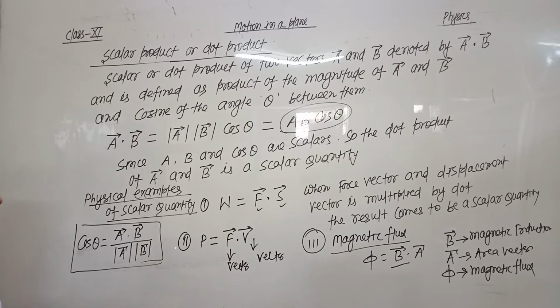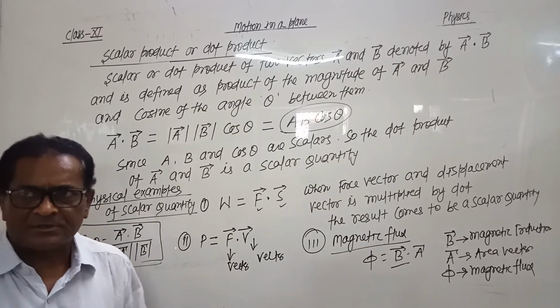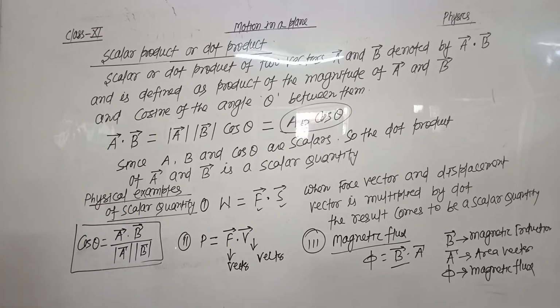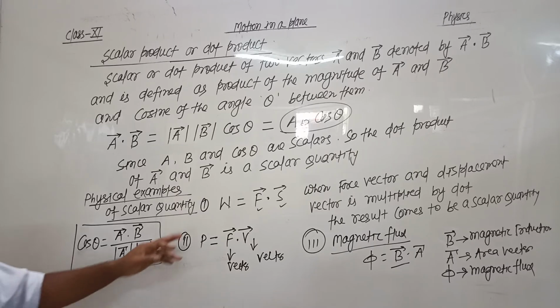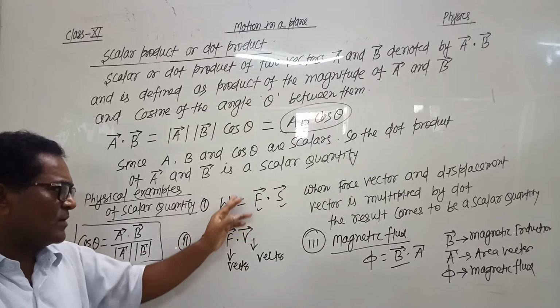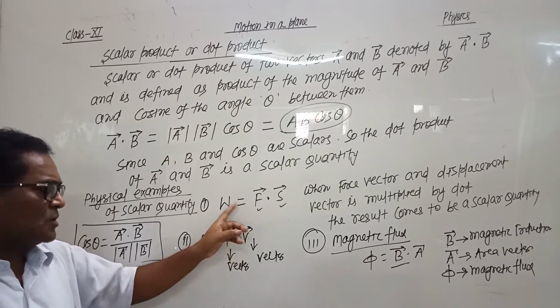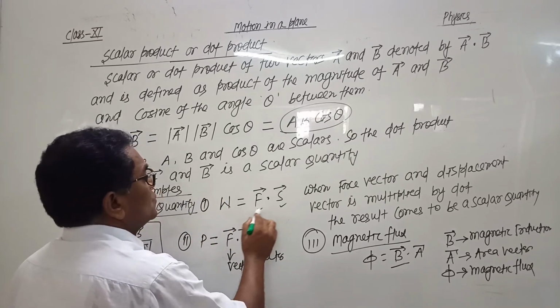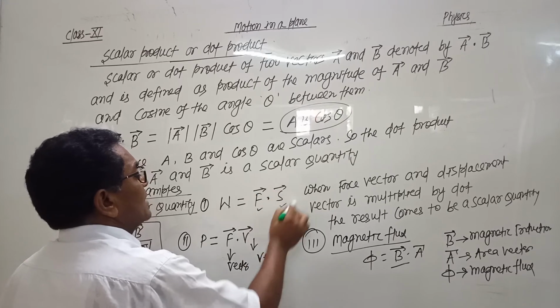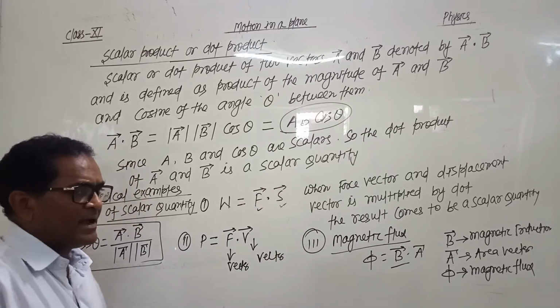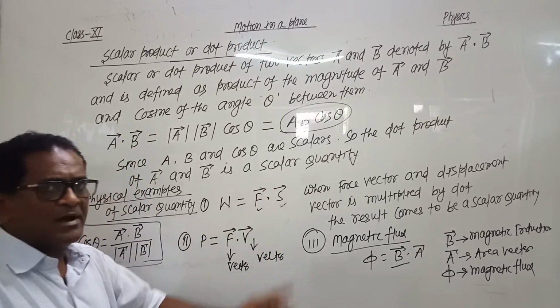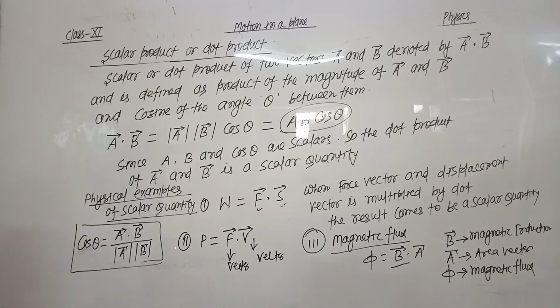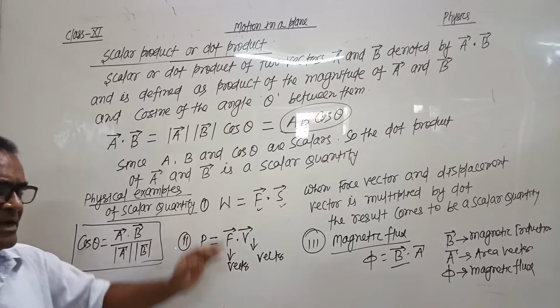Next we discuss the physical examples of dot product or scalar product. Work done is a scalar quantity. Why is it a scalar? Because two vector quantities are multiplied by dot, and when two vector quantities are multiplied by dot, the result comes to be a scalar.